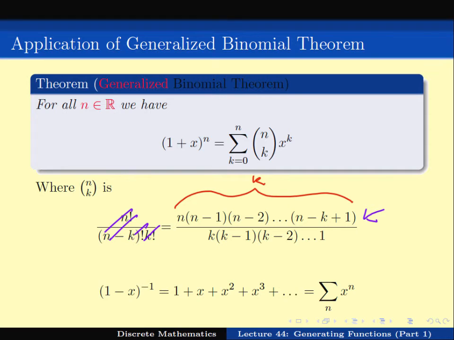So in other words, this generalized binomial theorem is helping me to write down something like (1 plus x) power -1, or (1 plus x) to the power -2, as a polynomial over x without any reciprocal. This is what is known as the Taylor series.